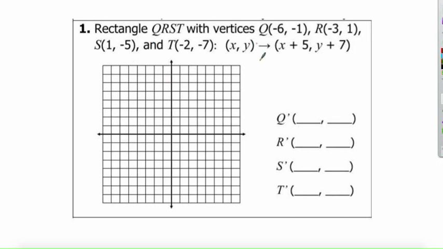So our first example, of course, we've got to plot our points. We should have a rectangle. Make sure when we label the original points, they're labeled with the correct letters.